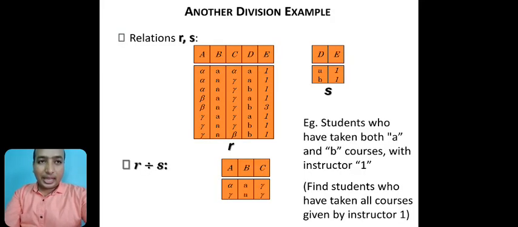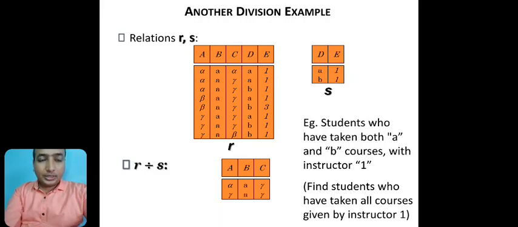So dear students, I have here another example where you have a relation R and S. In your relation R, you have attributes A, B, C, D, E, and in relation S, you have D and E there. Now if you want to perform any division operation, we can have a sample example query like this: find the students who have taken all the courses given by the instructor 1.